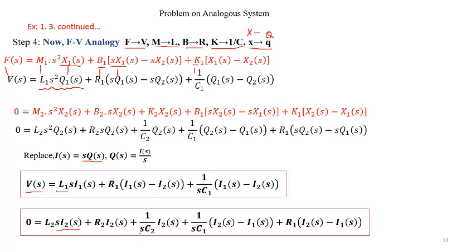So what will remain? 1 divided by S into C2 I2 of S. Here also Q2 is there and Q1 is there. Those are replaced by I2 of S and I1 of S by S. So S will be taken out: 1 divided by C1 into I2 of S minus I1 of S. Here R1 is R1. S into Q2 of S is written as I2 of S minus I1 of S.